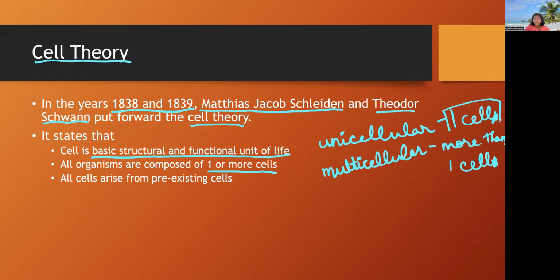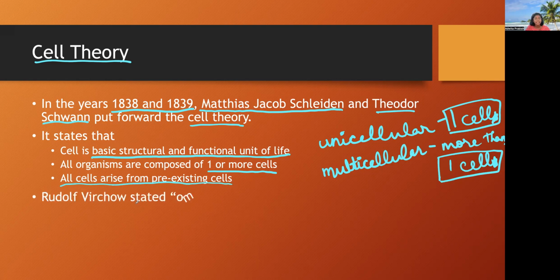So that explains it all, that organisms can have one and more than one cell. And the last postulate says that all cells arise from pre-existing cells.